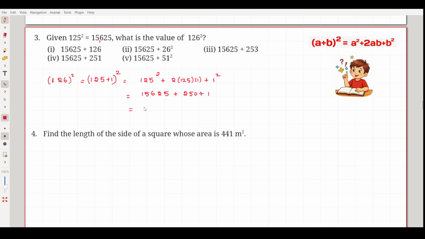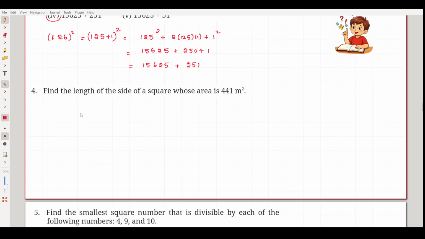So 15,625 plus 250 plus 1 is 15,625 plus 251. So the correct option is option 4. Option 4 is the right answer.